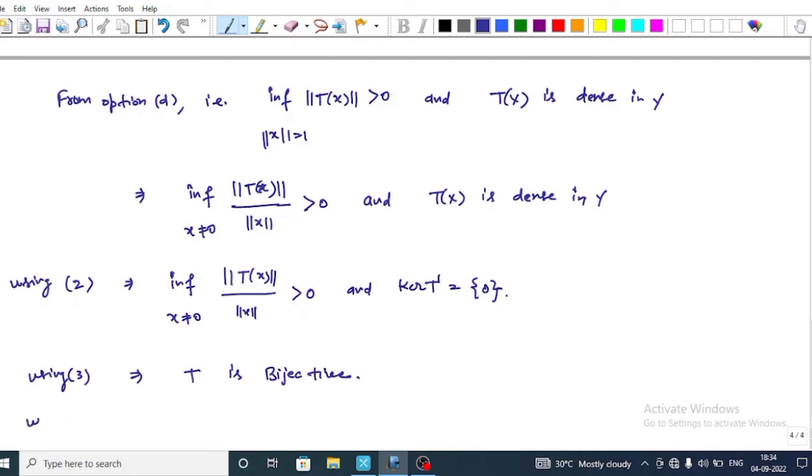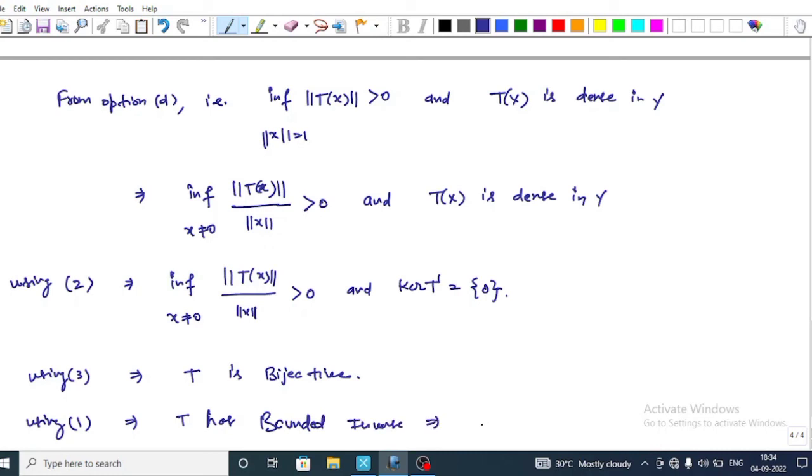and using result first, this implies that a bijective bounded linear operator T from a Banach space to another Banach space has a bounded inverse, that is, T has a bounded inverse.